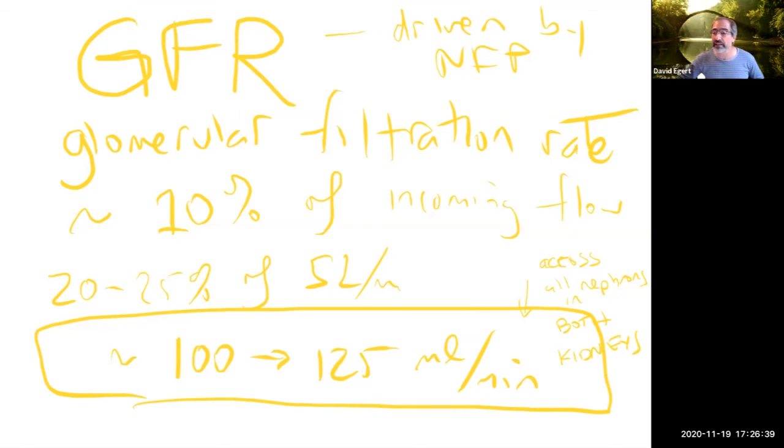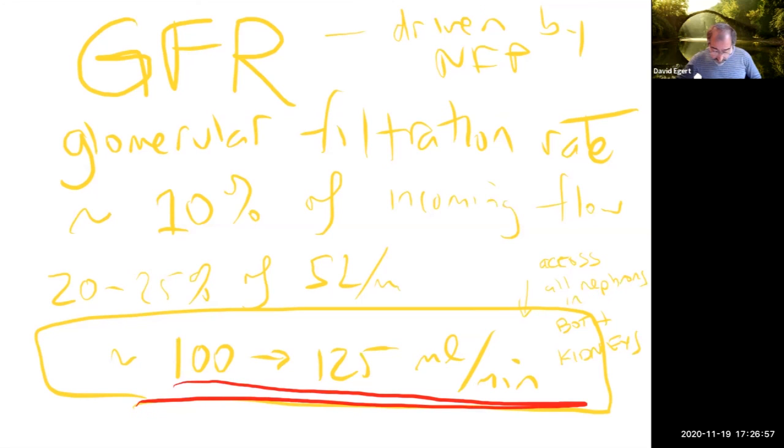I'm going to be drawing a picture of the nephron and saying, oh, here we've got 125 mils per minute or something, but that's if you add all the nephrons together. Clinically, people check this to make sure your kidneys are functioning properly.